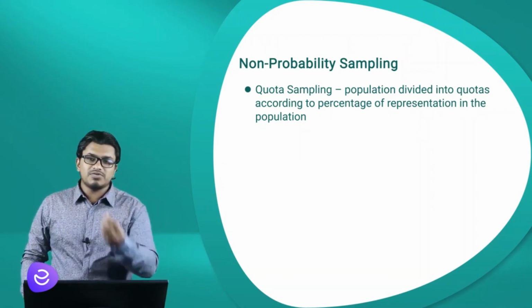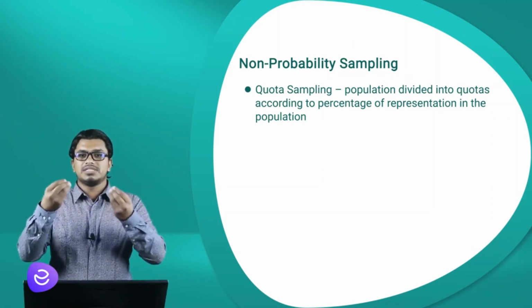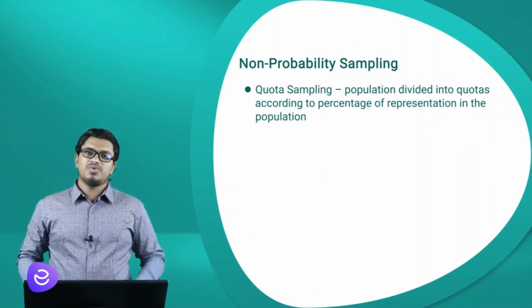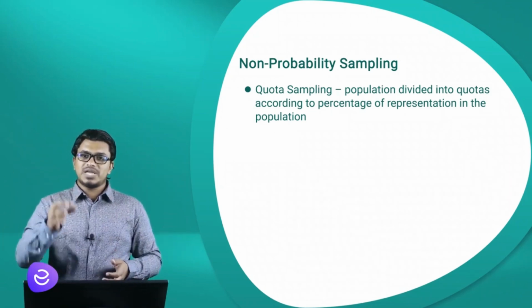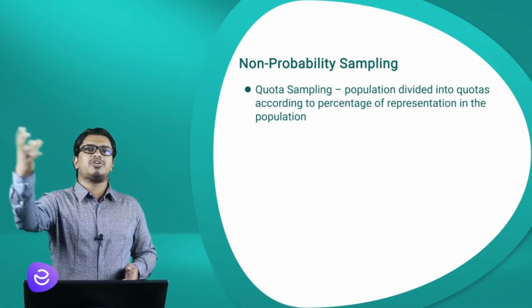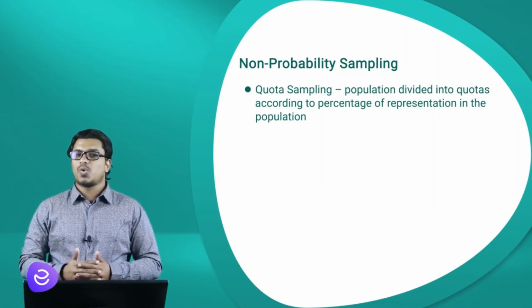We take only a few samples from maybe Goa or Sikkim, because they are smaller states. So we divide the whole population into groups, but then we take samples based on their contribution to the total population. That's what happens in quota sampling.